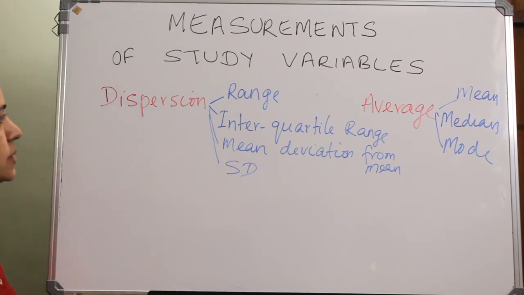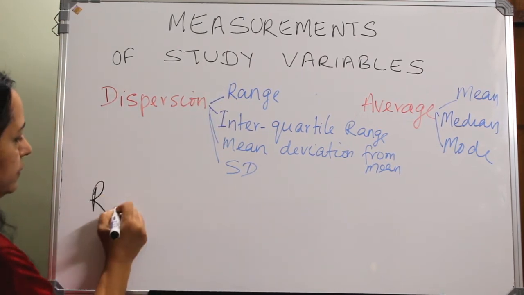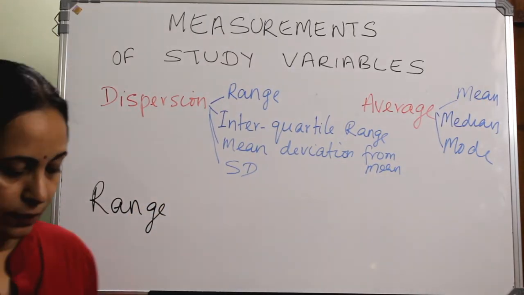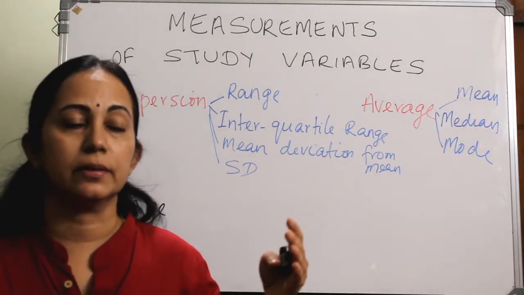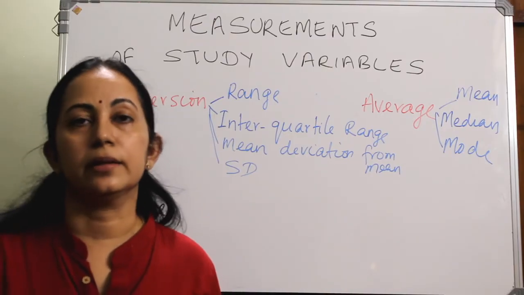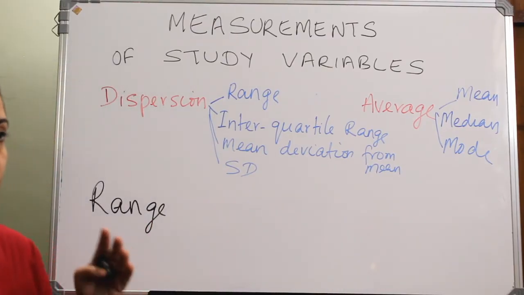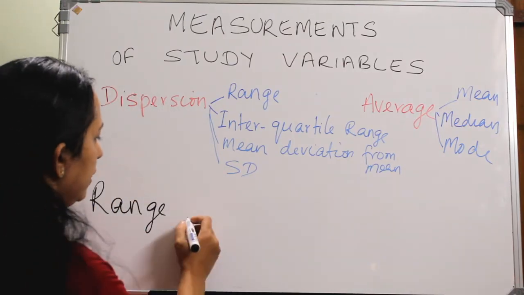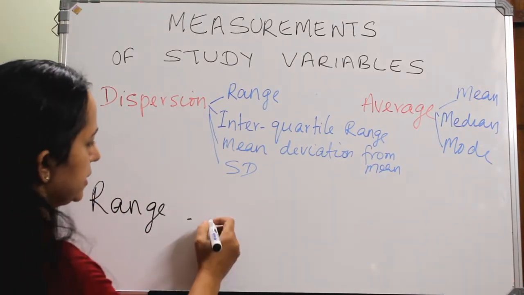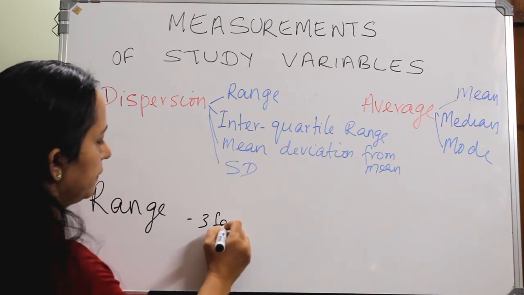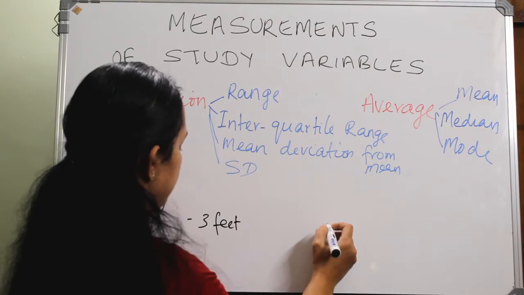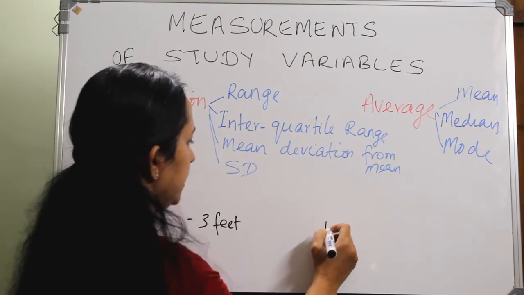So what is this range? Range is we get the interval between the maximum value and the minimum value. So again, example of the swimming pool. The swimming pool, at one end it is 3 feet, and the other end it is 10 feet.